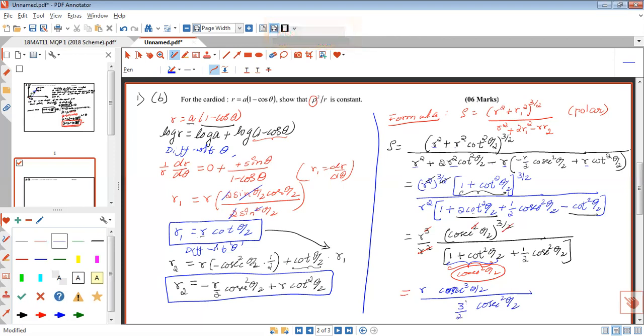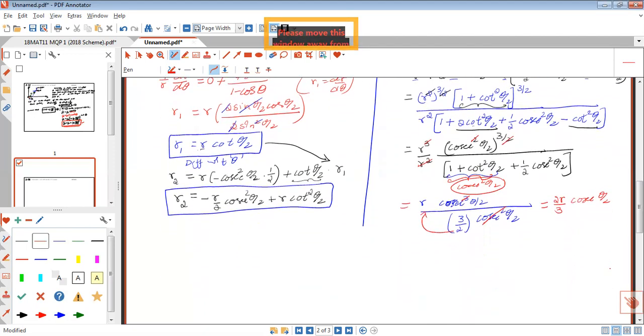So cosec cube we have, it's cancelled. So the answer is, the denominator of the denominator is the numerator, that is 2r divided by 3, and cosecant theta by 2.